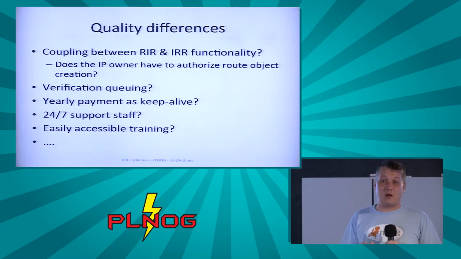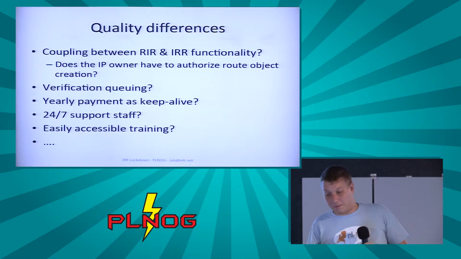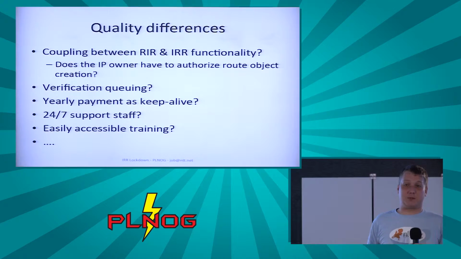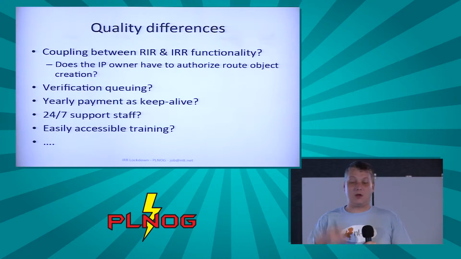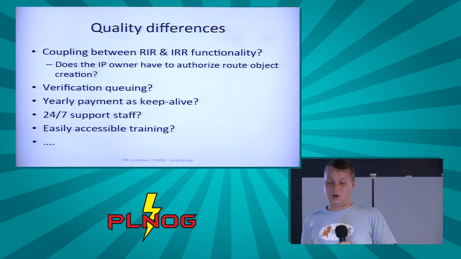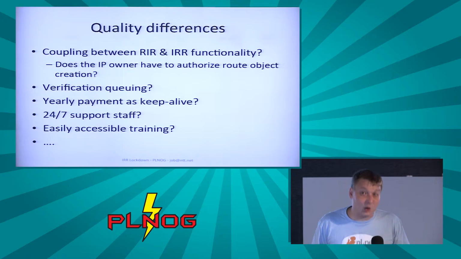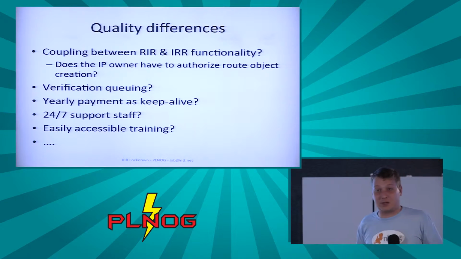Some IRRs offer mechanisms that when they make you authenticate objects properly, they will assist you in that process, and if there's not enough authentication, they will, for instance, reach out to all relevant parties and help them along the process. Not all IRRs have 24/7 support.